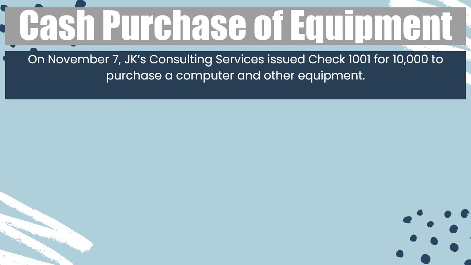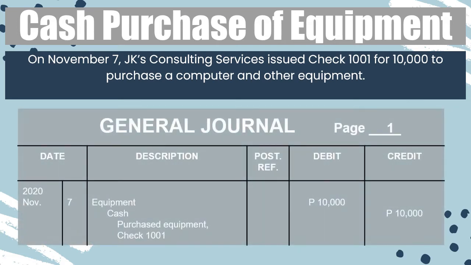So, ito increase in asset and decrease in asset, which is ang nag-increase sa atin na equipment kasi ito yung binili natin, ito yung papasok. Ang nag-decrease sa atin ay cash kasi nagbayad tayo or naglabas tayo ng pera upang makabili ng equipment. So, debit side, equipment, 10K, and the credit side, cash, which is 10K.